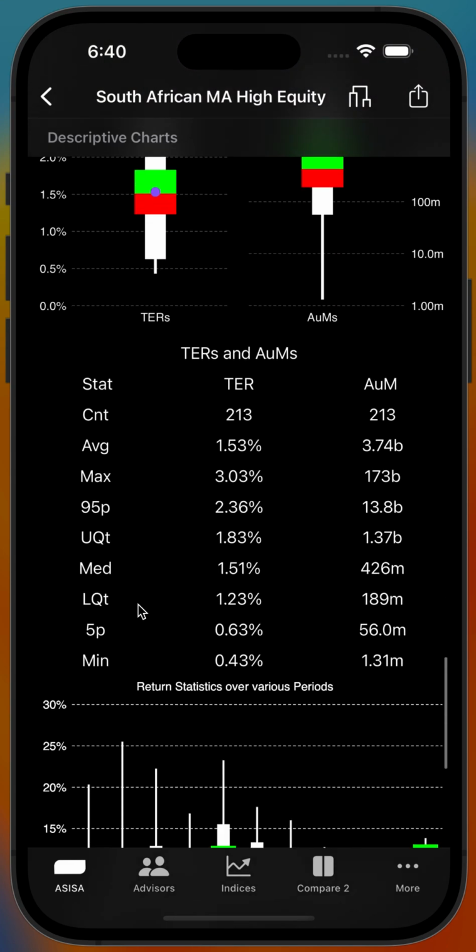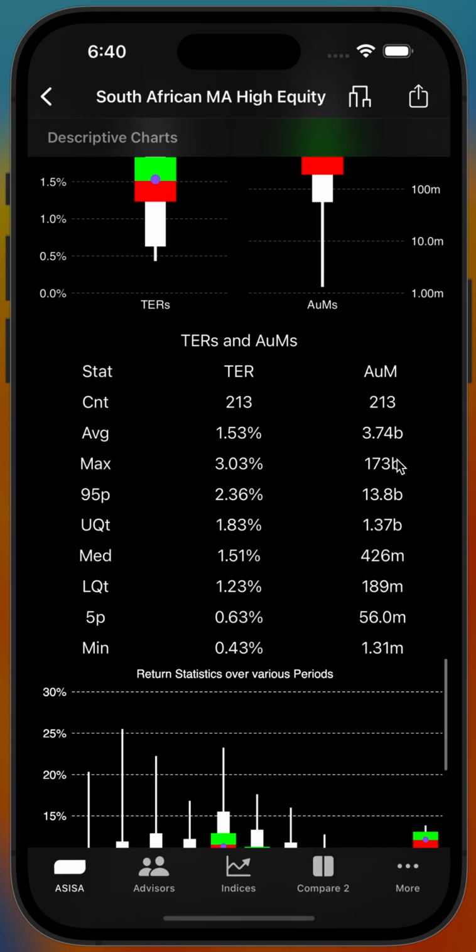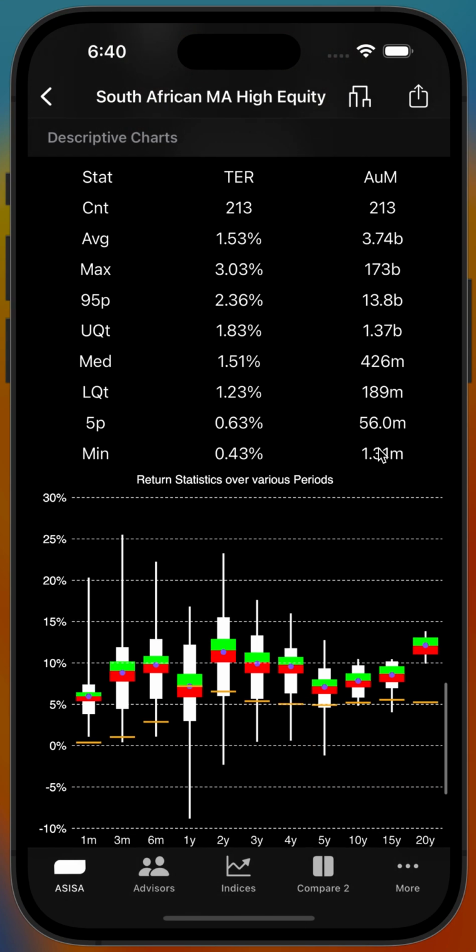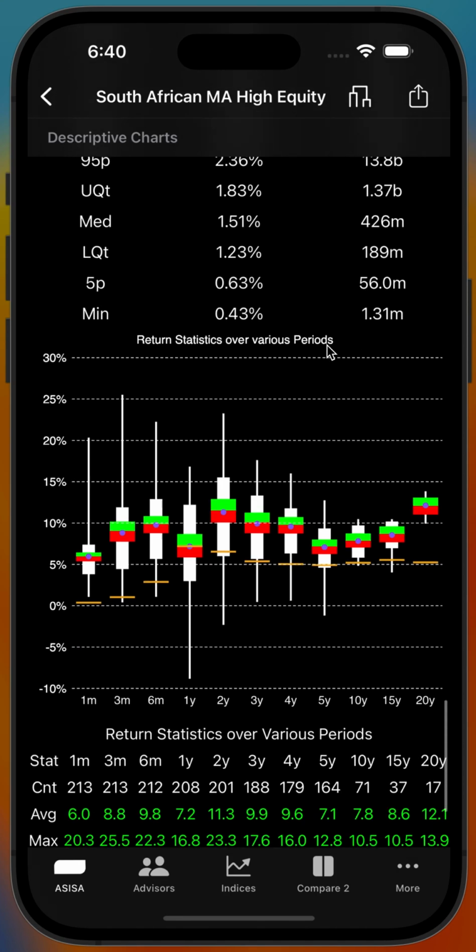And here it gives you some descriptive statistics of those, like there's 213 funds, what's the average TER, the maximum TER and the minimum TER, etc., as well as for the AUM. So the biggest fund at 173 billion is that Allan Gray balanced fund that we spoke about, whereas the smallest fund, if you look at the minimum at the bottom here, is a fund of 1.3 million, which has either just been launched or is closing down.